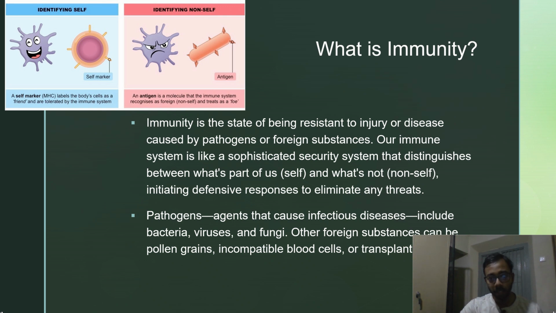Actually, it is estimated that on the skin surface of a human being there are about 38 trillion bacteria. It is even more than the total number of cells in your body.